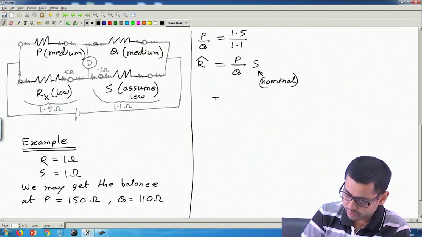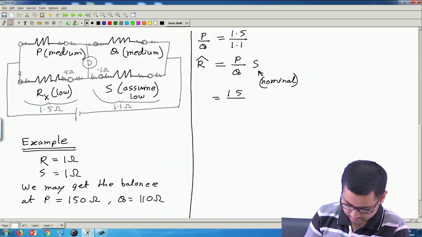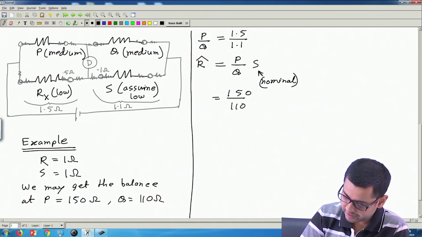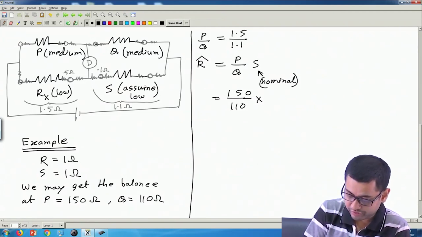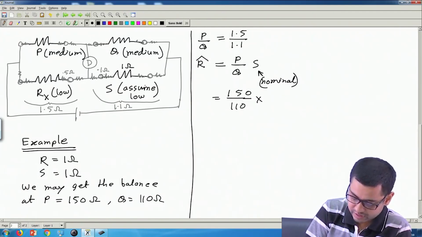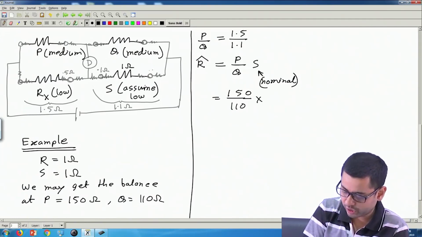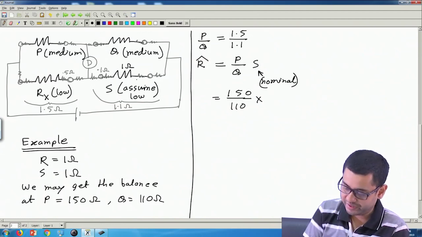So this will come out to be 150 divided by 110, and the nominal value of S, we know the nominal value of S is 1 ohm, because we do not know how much these contact resistances are. We have no idea about these contact resistances. These are variable, they can be anything. We have no control over these contact resistances.